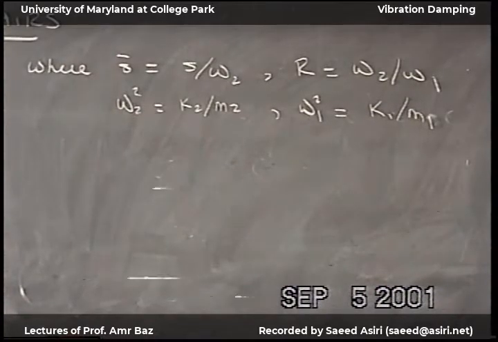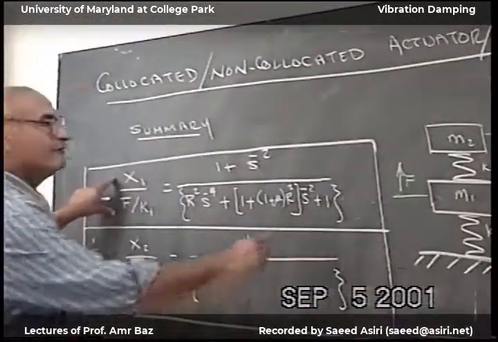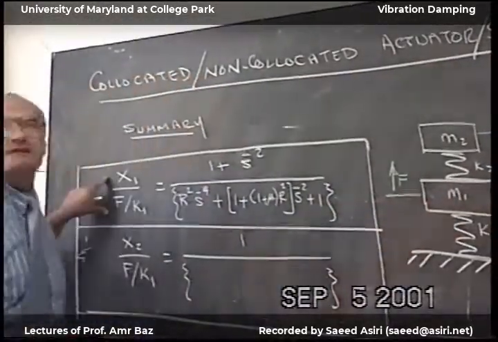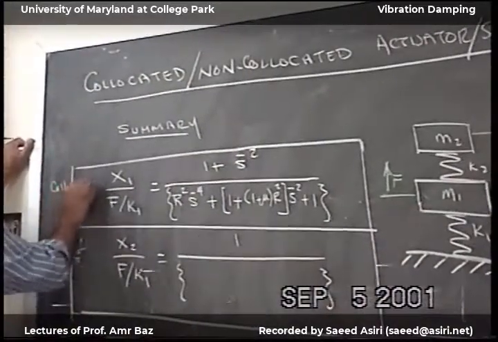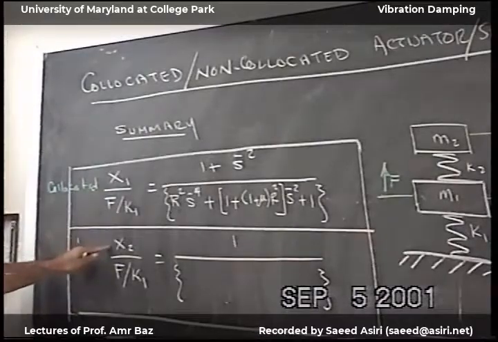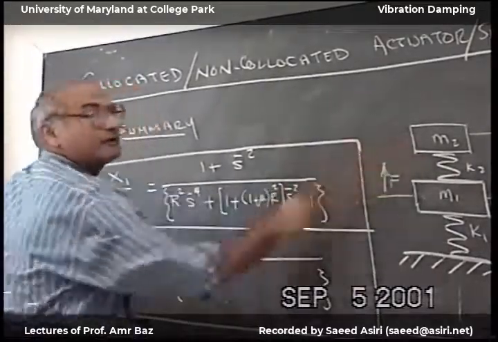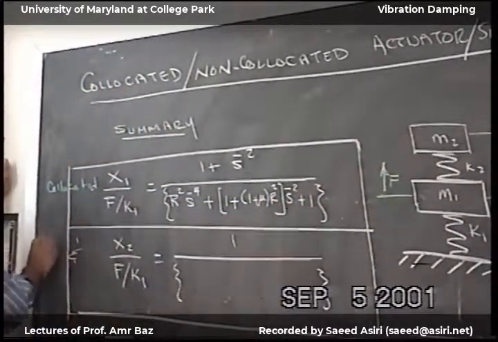Okay, so from here we said that for this system we have the force and the sensing at the same location, so this is collocated. And here we have the sensing and the force at different locations, so this is the non-collocated.